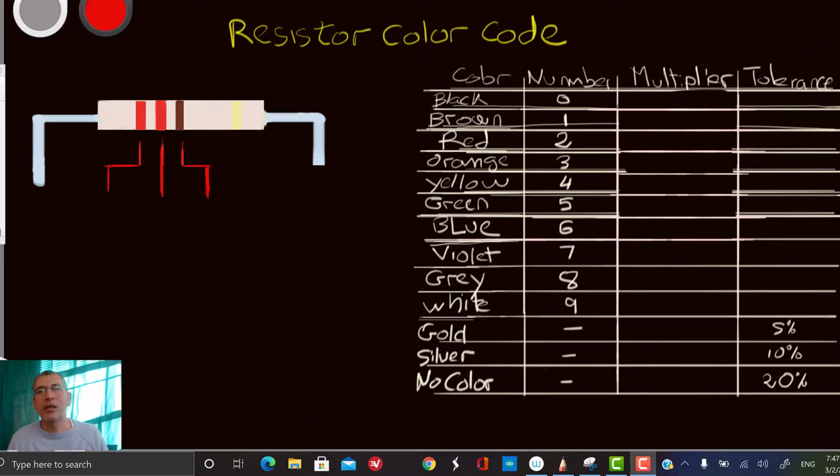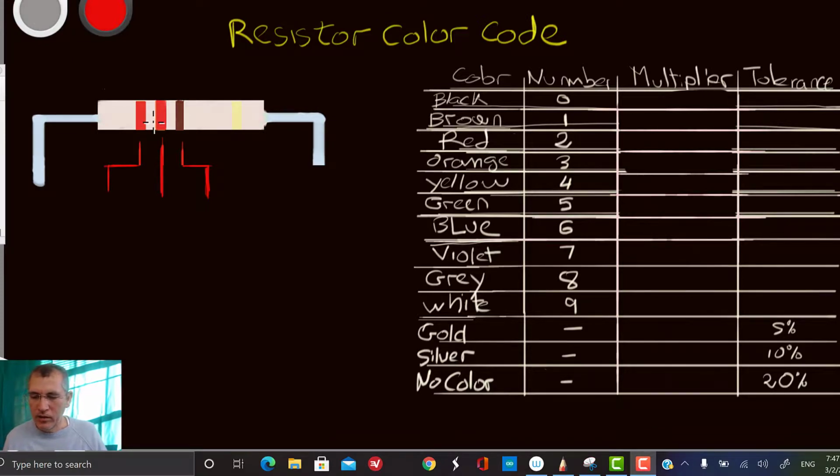So now let's say you have a resistor with color bands, like this one for example. We have red, red, brown, and it has a fourth band which is gold. It might look yellow on the screen, but that's gold, okay? And you want to know what value this is. On the right-hand side, I made this table.